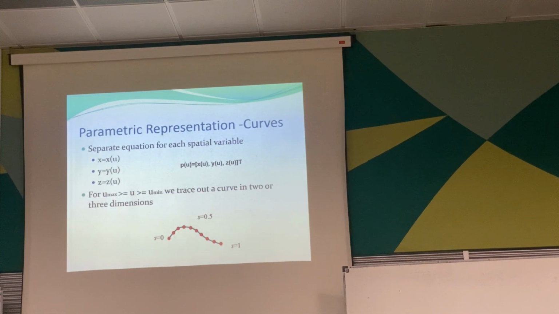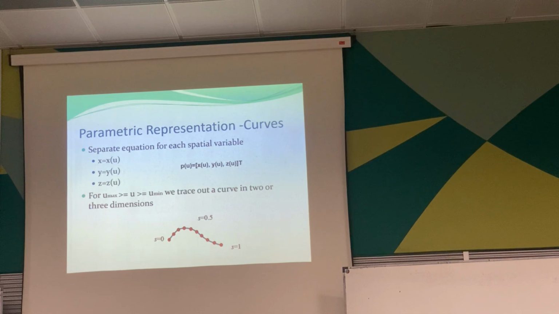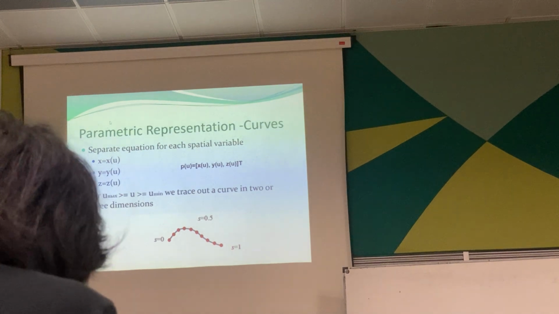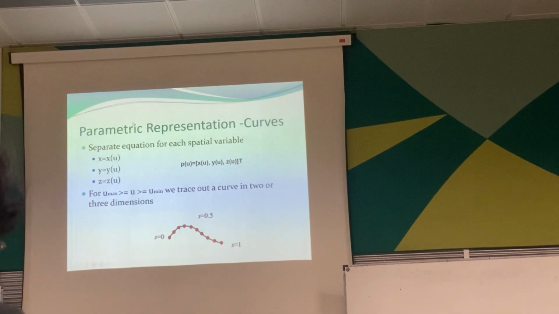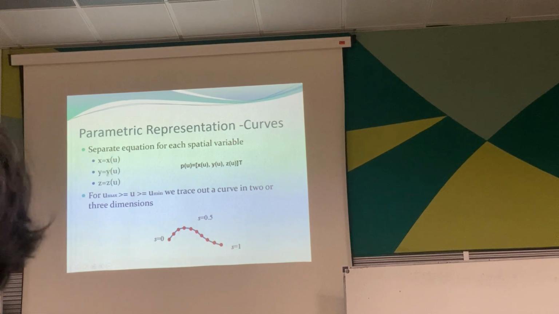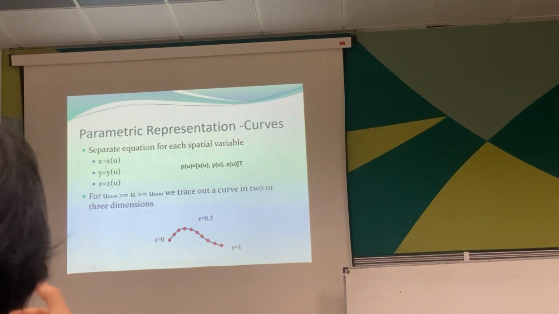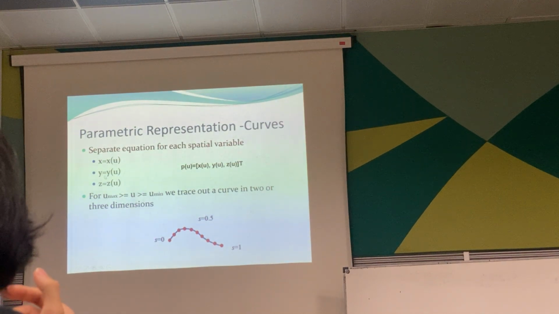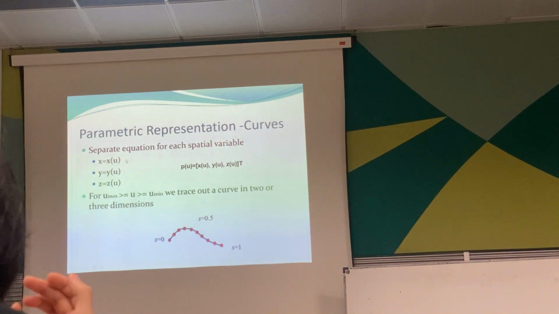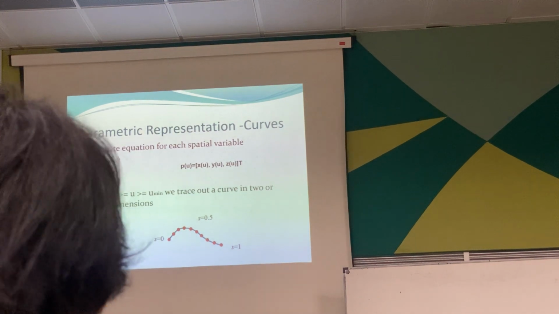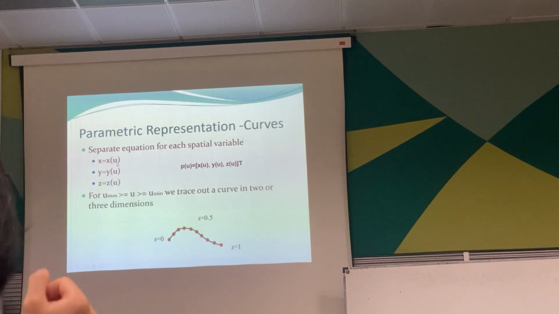The third type of representation is parametric. Parametric is the most frequently used in your program, in your code. You split each of the spatial coordinates, meaning you split your x, y, and z, and you do the calculation by passing in the values, your arguments.